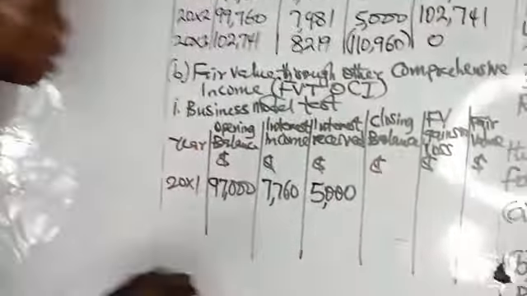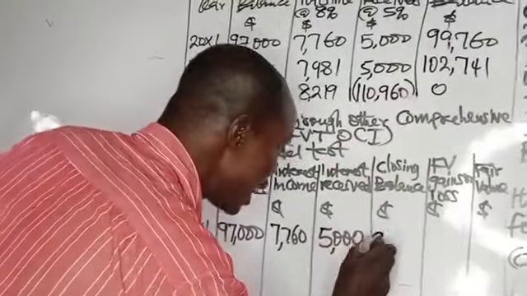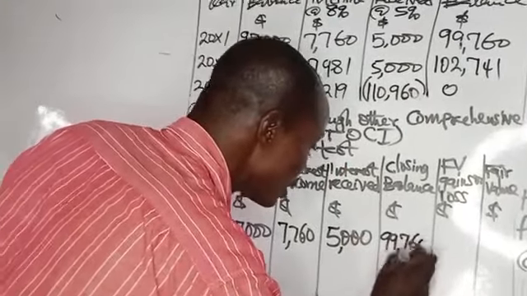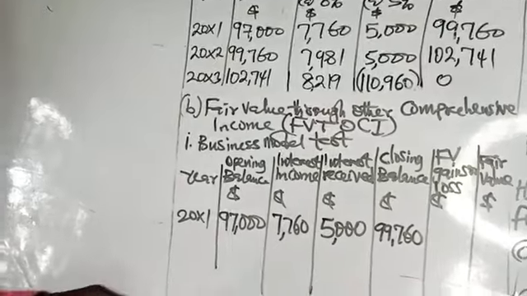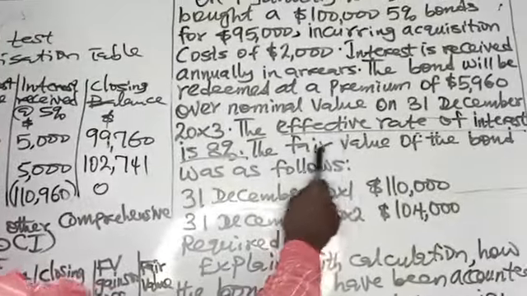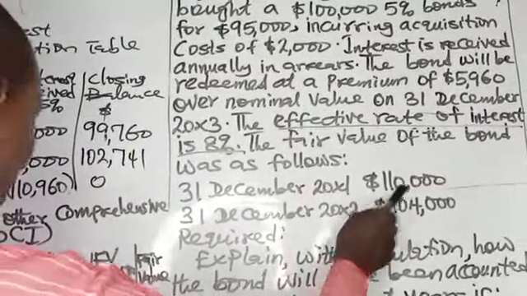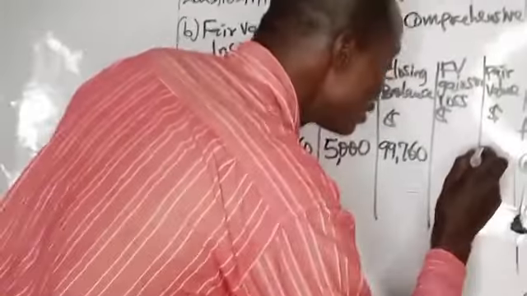The closing balance will be 99,760. How much is the fair value at the end of 20X1? December 31st, 20X1, you have the fair value of the bond as follows: 110,000.